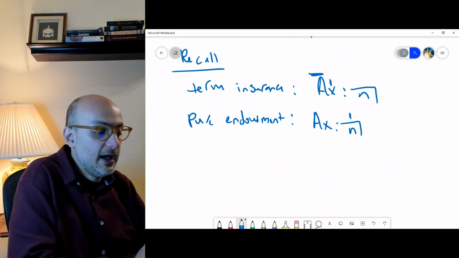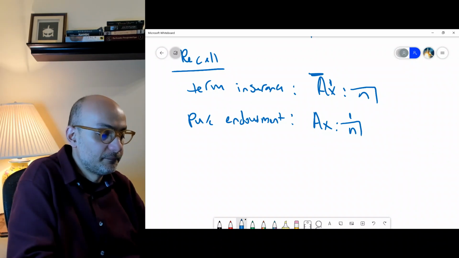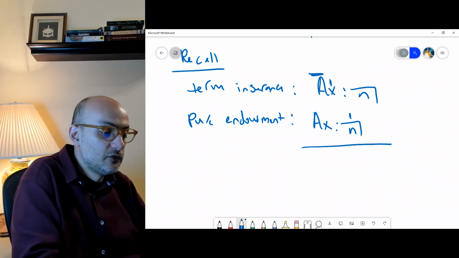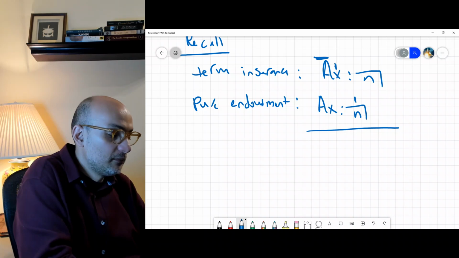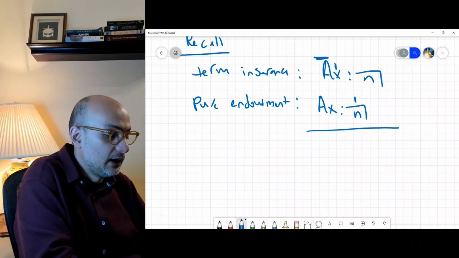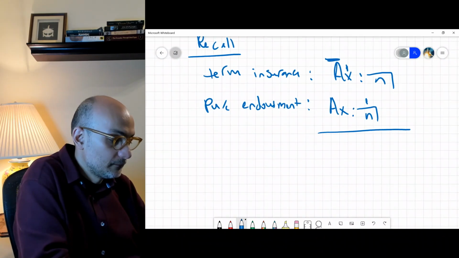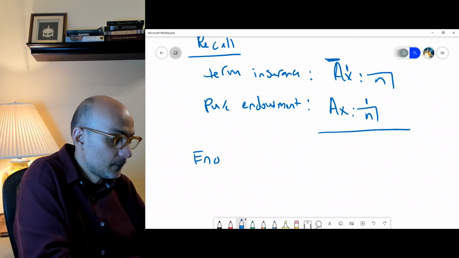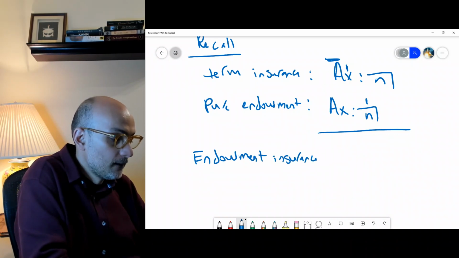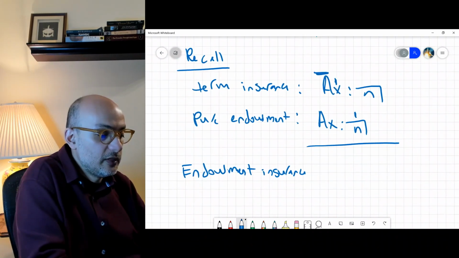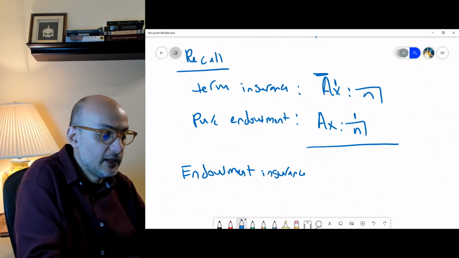What if we add these two things together? If we add them together, we get what is called endowment insurance. See the difference: the first one is term, the second one is pure.